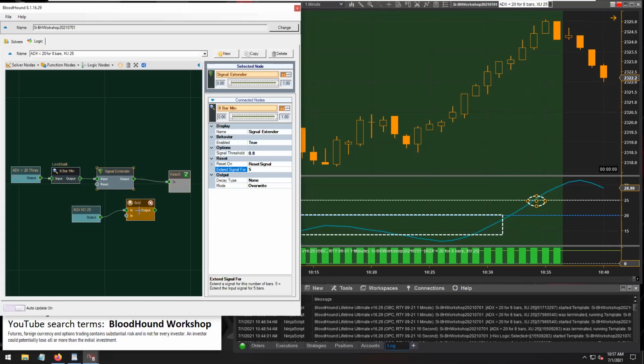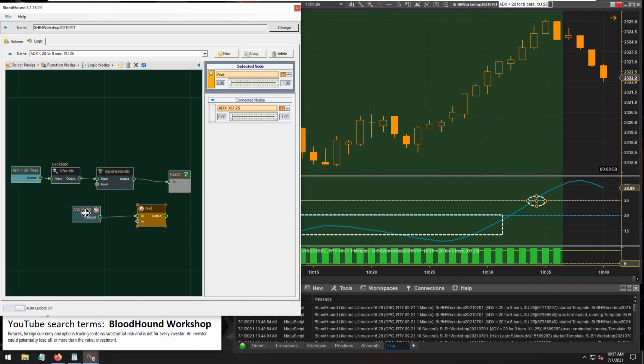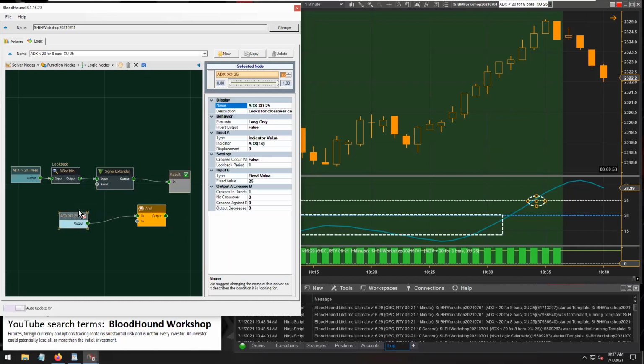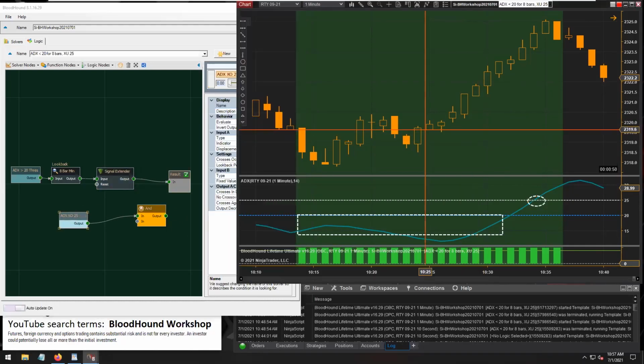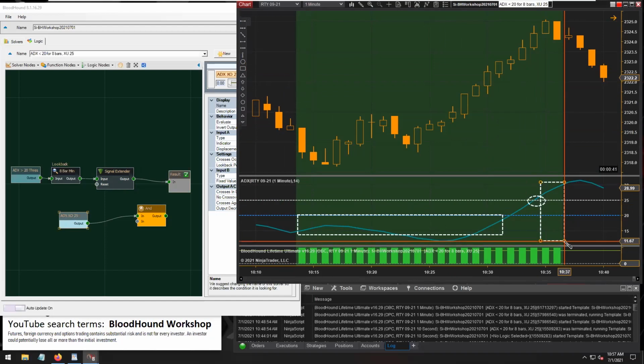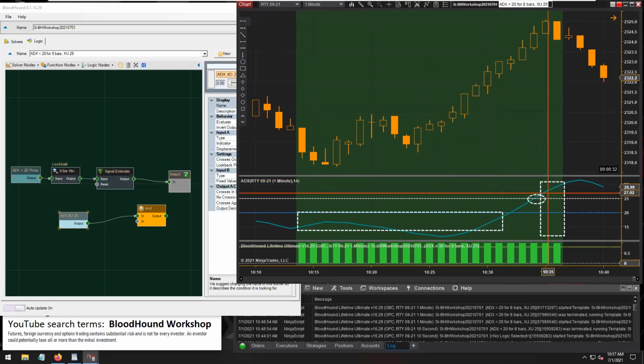Now the next thing we need to do, actually, let me back up here. You'll notice that sometimes we're going to get a few bars where this signal has been extended past the crossover. The crossover occurred right here, and let me just put a little arrow there.